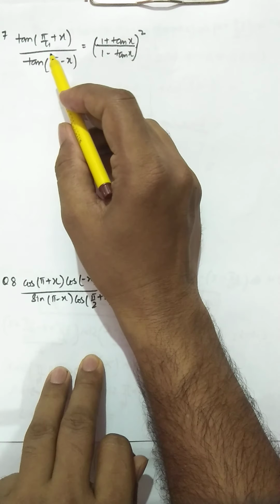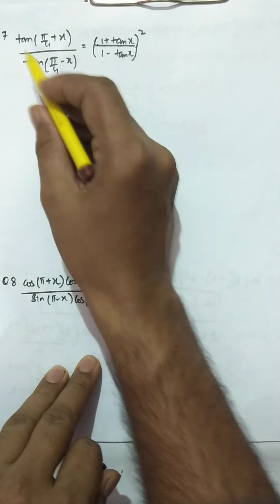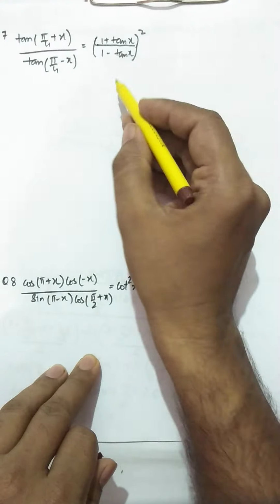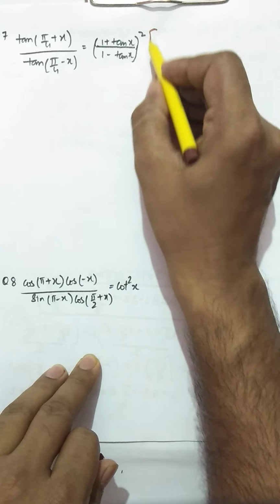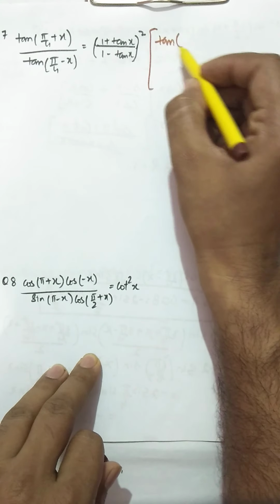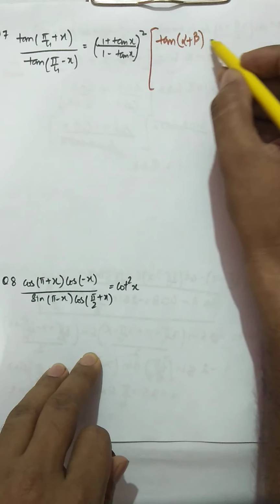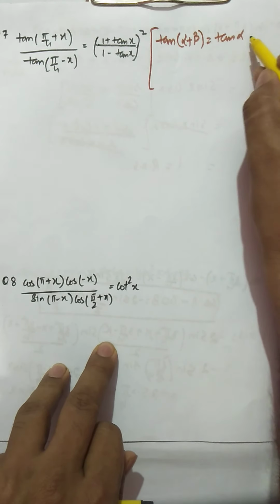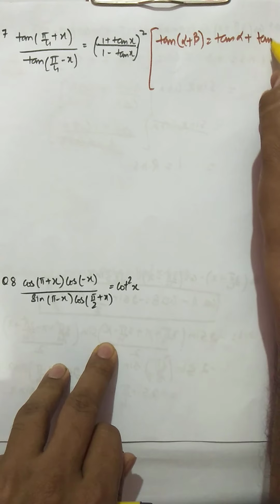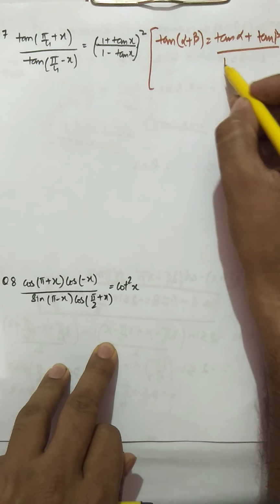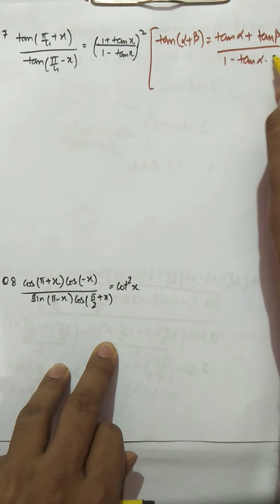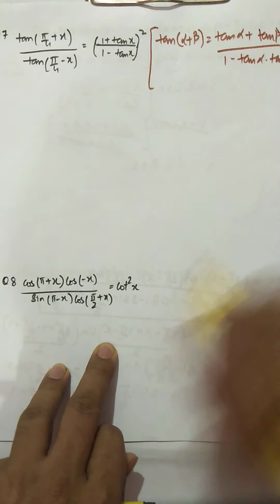So question number 7, you see this form, this is looking somewhat like a formula. There are two formulas. First formula I am writing here, tan(alpha plus beta) is tan alpha plus tan beta upon 1 minus tan alpha into tan beta.